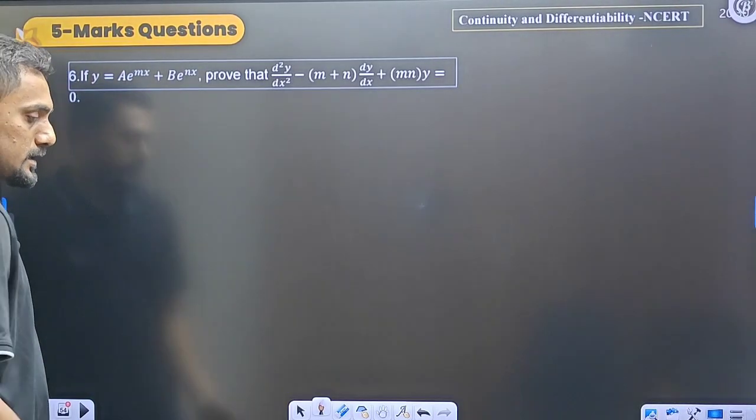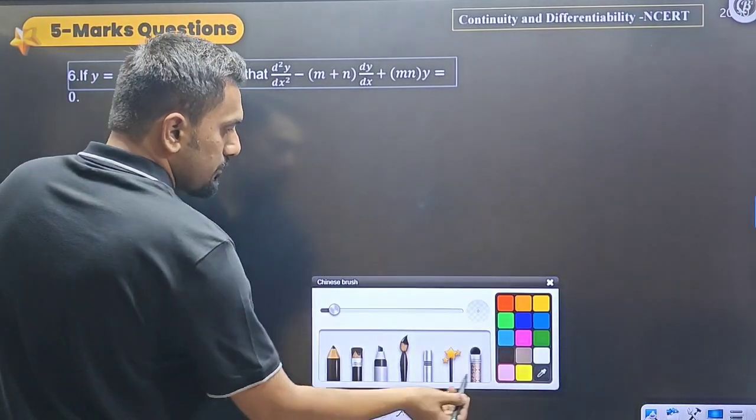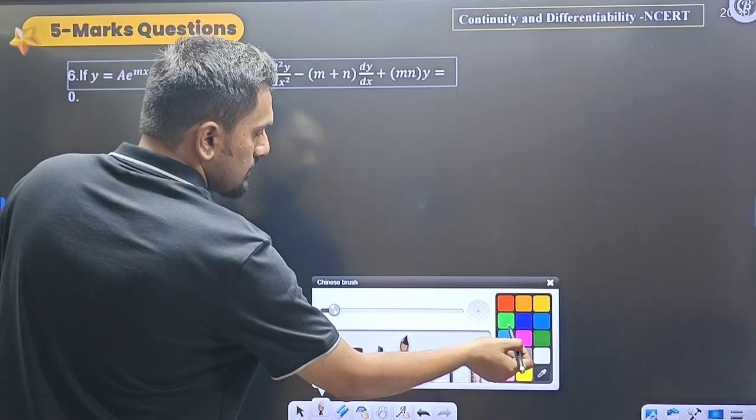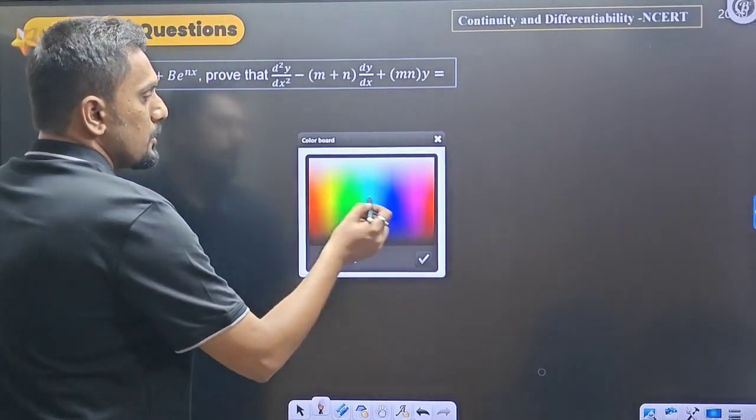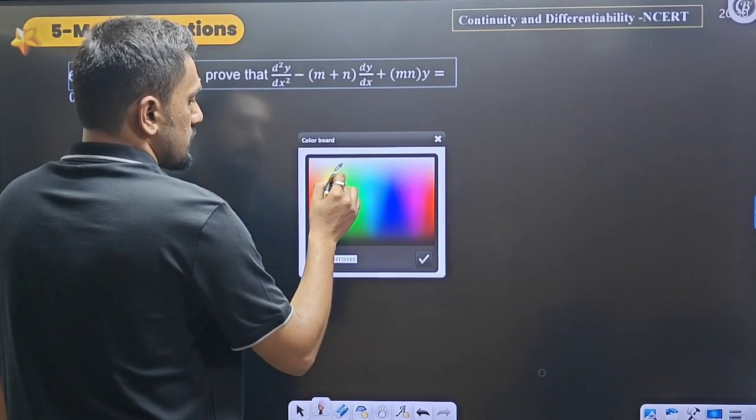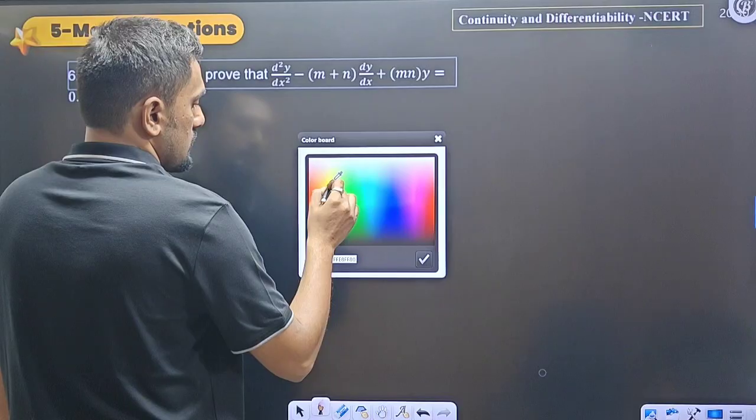And the next question is the most repeated question in board examination. In board exams, this question has been repeated most of the time.